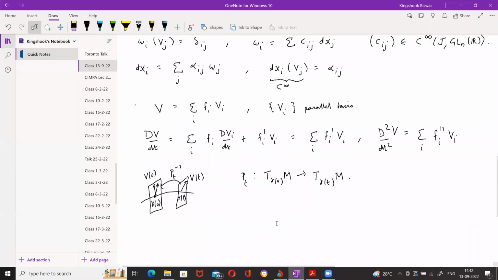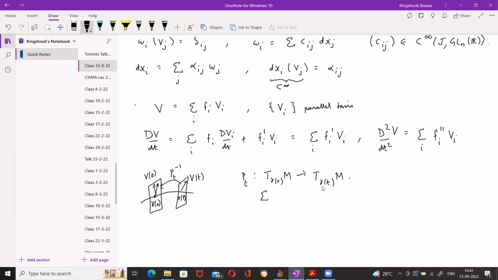Okay, so let's look at PT, which is the parallel transport from gamma 0 to gamma t. What does this do?